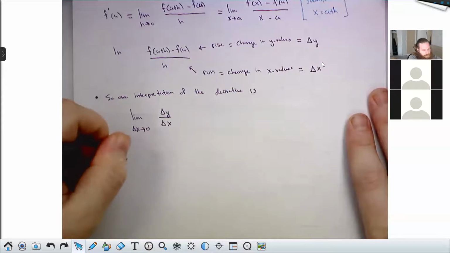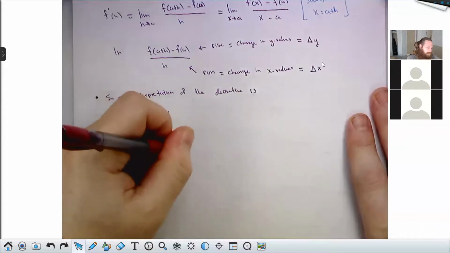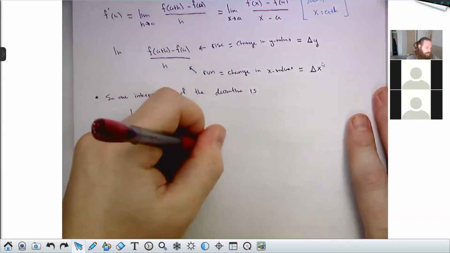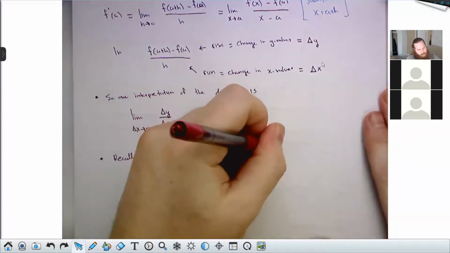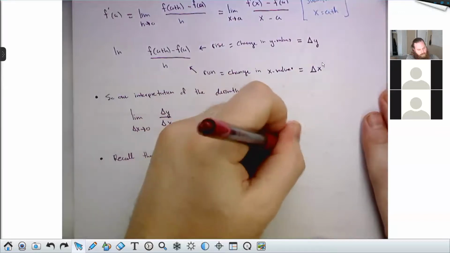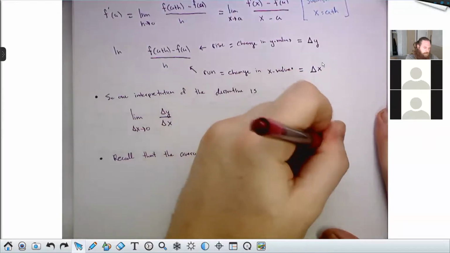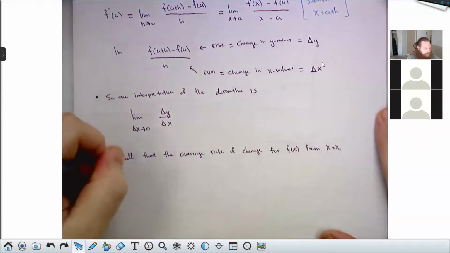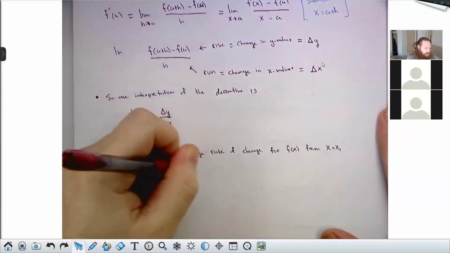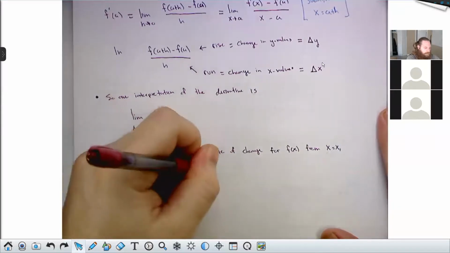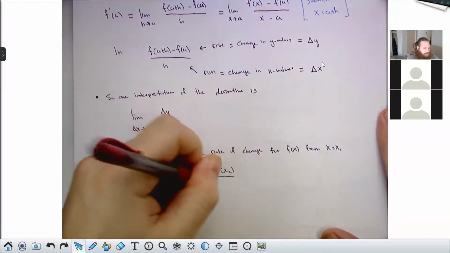Recall that the average rate of change for f of x from x equals x1 to x equals x2 is f of x1 minus f of x2 over x1 minus x2.